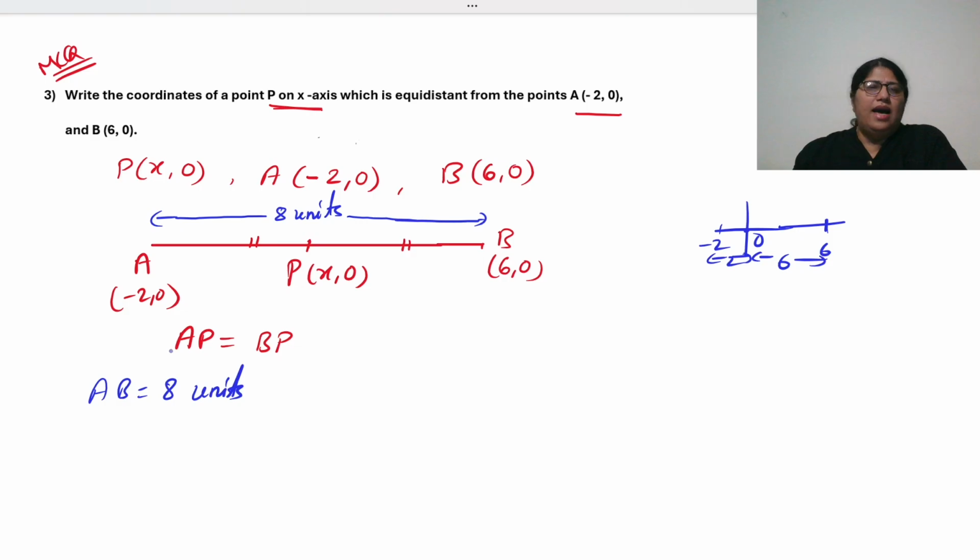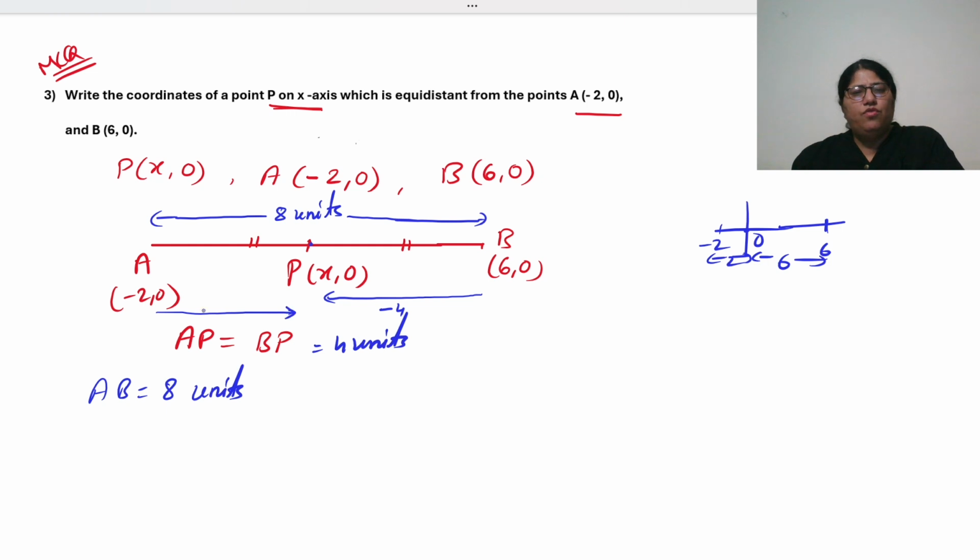Now P is exactly in the middle here. That means it is going to be 4 units distance, right? So AP is going to be 4 units, right, from P, and B is also 4 units from P. So if I am moving here 4 units from 6, because I am moving left, it will be minus 4, or from A to P, it is going to be positive 4 because I am moving towards the right.